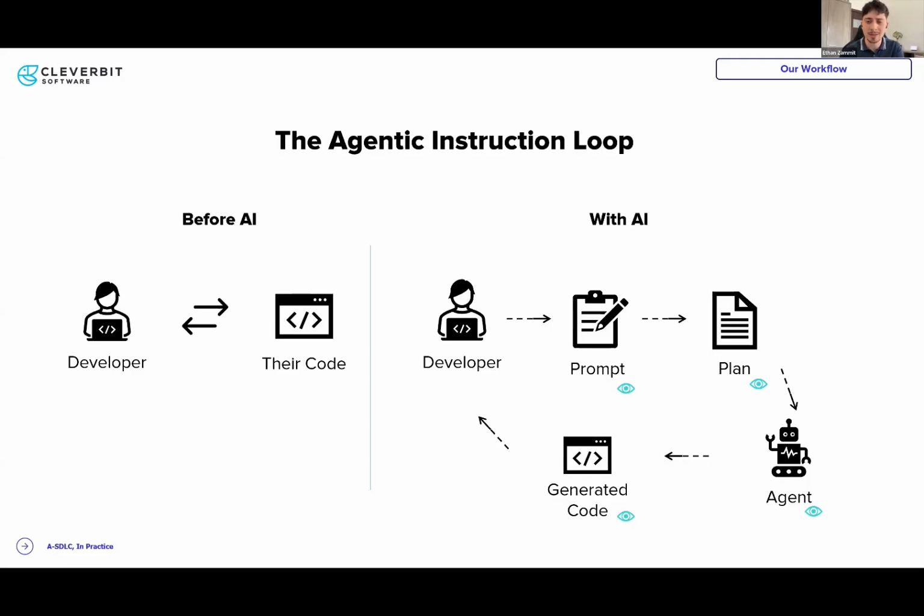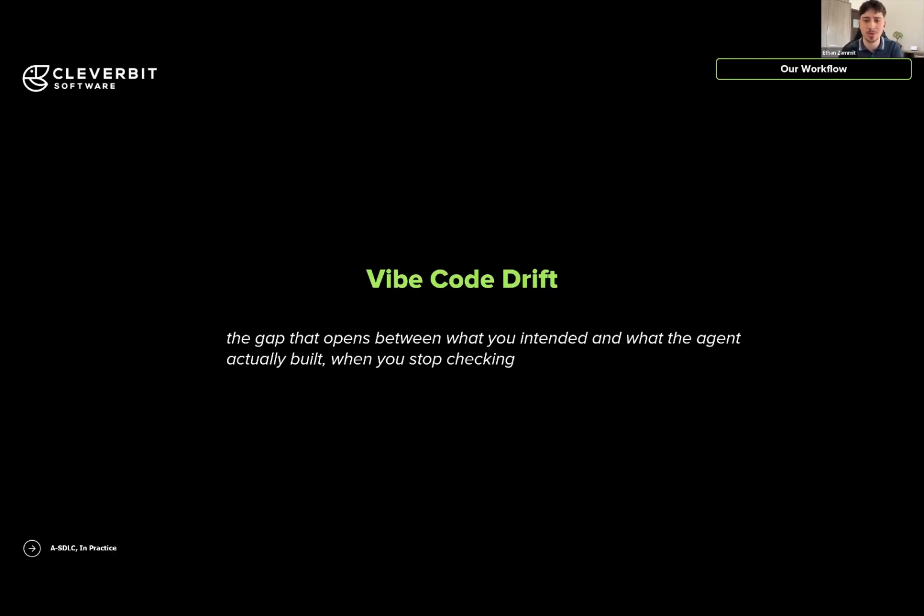And inevitably these drift apart, and this is something we previously called vibe code drift. Vibe code drift explains the gap that widens between the developer and the actual generated code and what the agent does, resulting in dark code and dark features where the developer does not understand how these work internally.